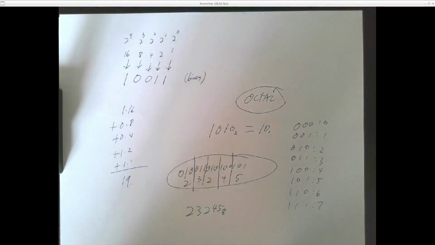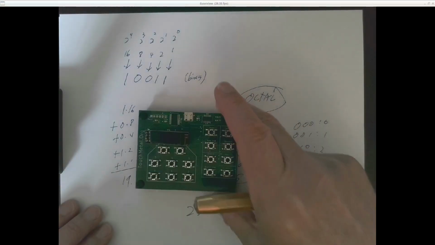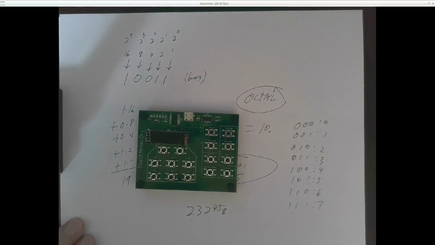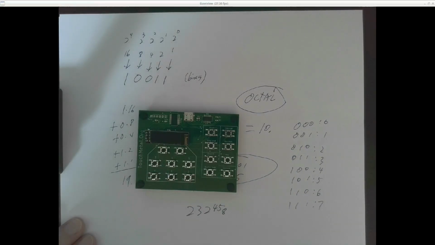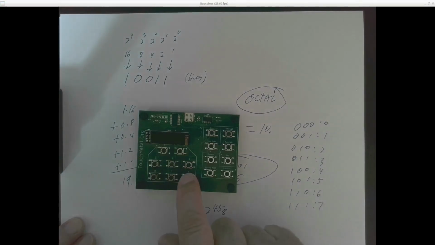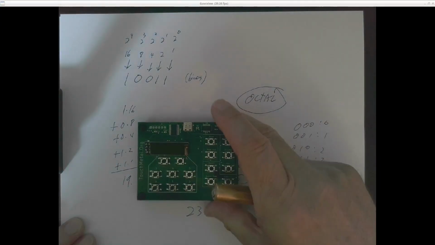All right, so that's octal notation. And on our touch metal boards, we have 8 digits for putting in numbers, and those represent octal digits. So if I wanted to put in 23245, I would hit 23245 and be done.